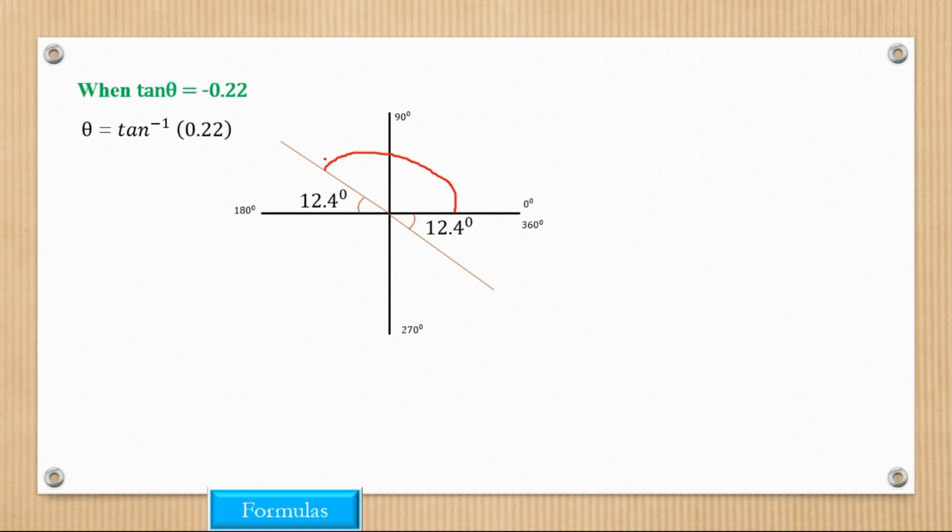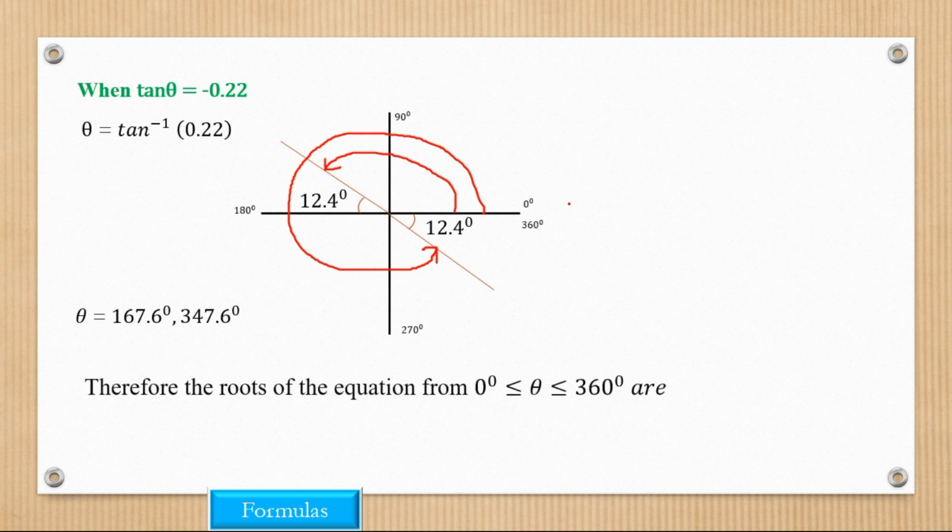My first angle is this, then I do the second revolution, and then I have that. So we have the angles 167.6 and 347.6. Therefore the roots of the equation between 0 and 360 are 36.1, 167.6, 216.1 and 347.6.